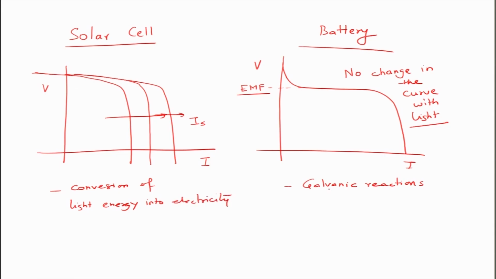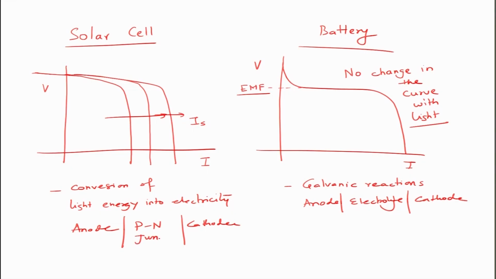A battery uses things like an electrolyte. Of course, you have an anode and a cathode, with the electrolyte between the anode and the cathode. In a solar cell, of course, you have an anode and a cathode, but in between we have a PN junction. These are the differences between the battery and a solar cell.